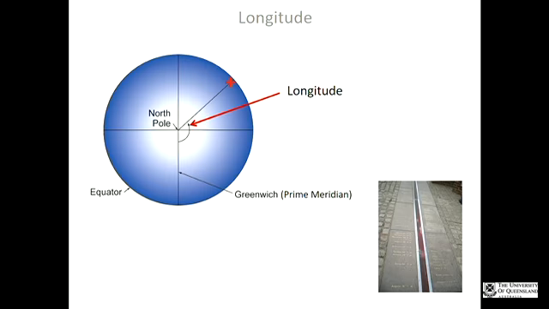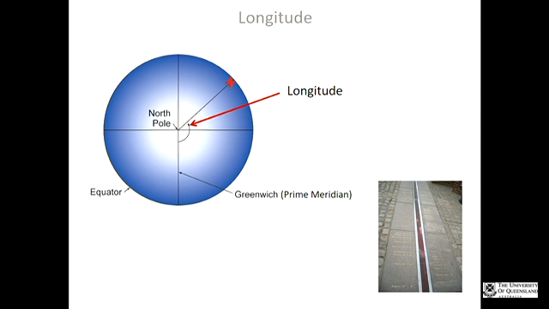Okay. So how do we calculate longitude? Well, let's imagine we're looking down on the Earth's surface from the north, so that's the North Pole. This is an imaginary line that goes through Greenwich in London. This is called the prime meridian, and you imagine the equator going around here, and we're at this point on the Earth's surface.